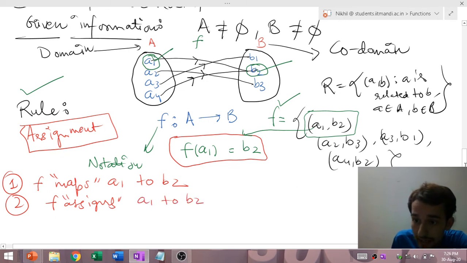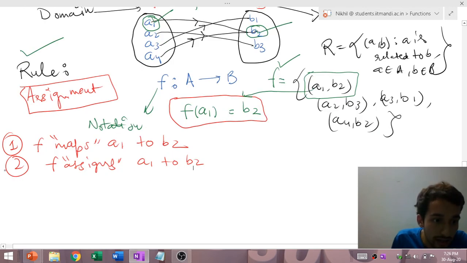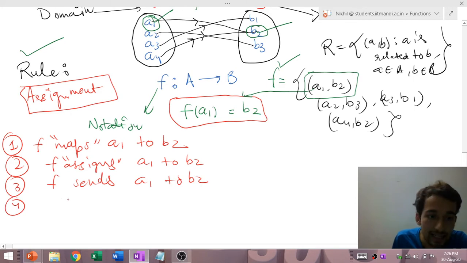Another way of writing this: f sends A1 to B2. Again, these are repeating. And finally, we can also say it like this, which is the most important one I'm going to write now. Try to understand this one.